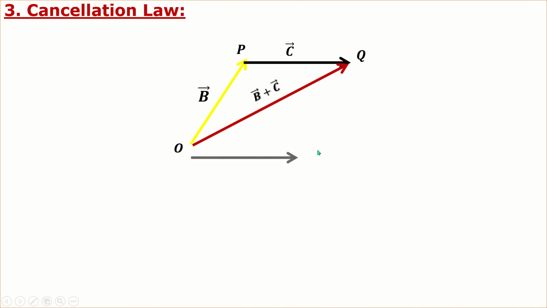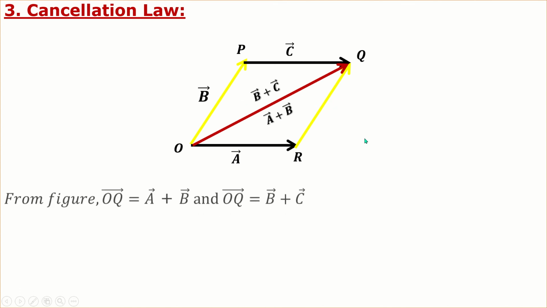Given the vectors, this is equal to b and this is equal to c, therefore OK is equal to b plus c, and also this is equal to a and this is also b.